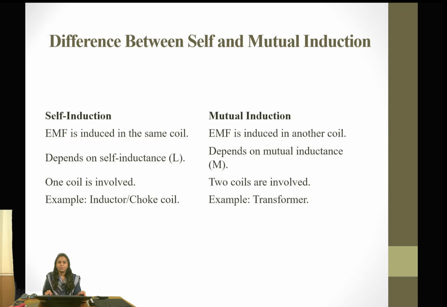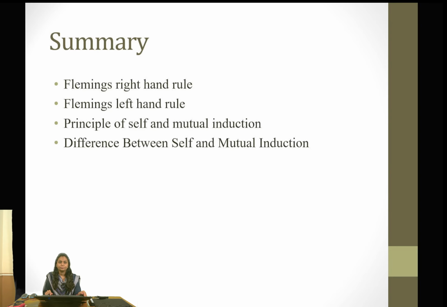In self induction, one coil is involved; in mutual induction, two coils are involved. For example, in case of self induction you can consider the example of an inductor or choke coil, and in case of mutual induction you can consider the example of a transformer.